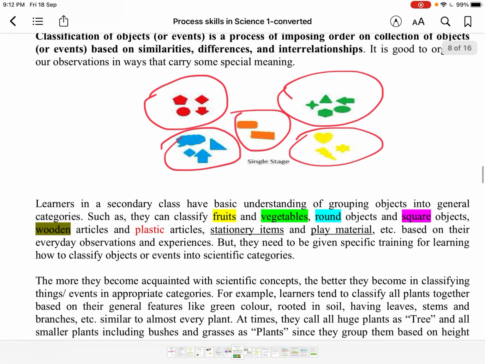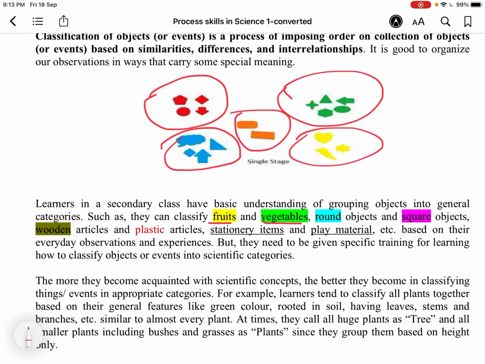And in the junior classes, our students have already learned the categorization of certain objects in their own immediate locality. For example, they can differentiate the fruits and the vegetables.